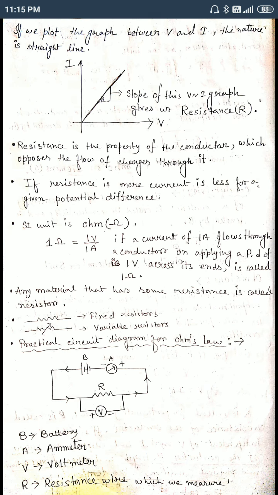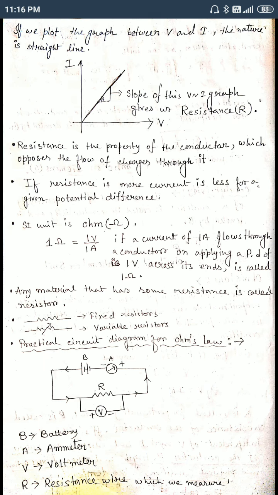One voltmeter, one ammeter, and some range is also given when you do that practical. A battery, and one wire is provided by the teacher. You find out the resistance of that given wire. That's why that wire is connected in parallel to the voltmeter, and the ammeter is connected in series. And this is the circuit diagram for that practical.